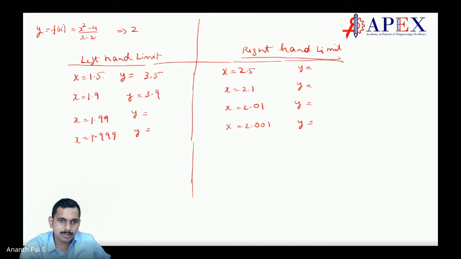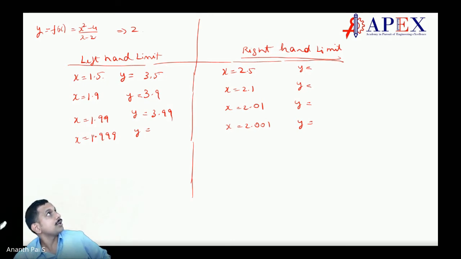Next number. 3.99, correct? Another 9 you get, is it not? 3.999. Correct.